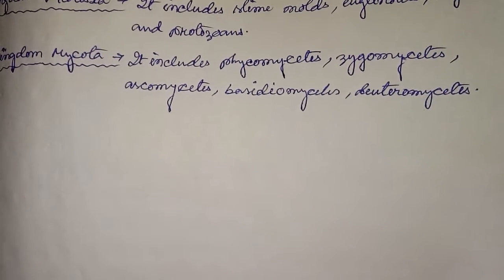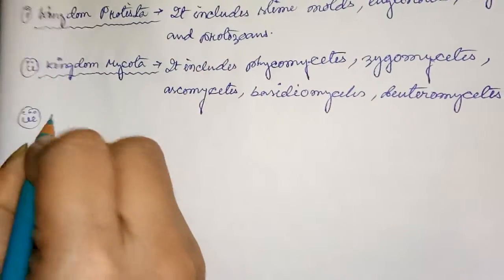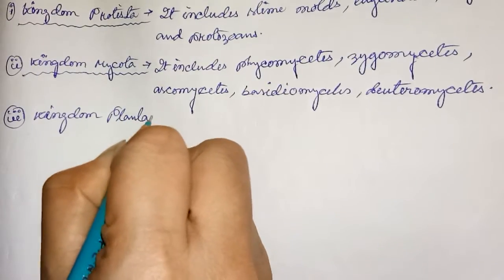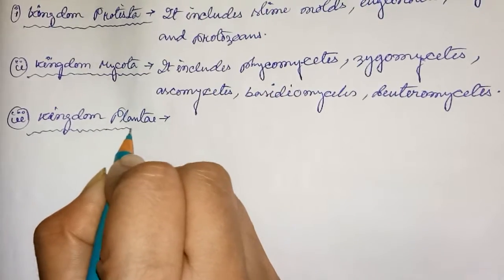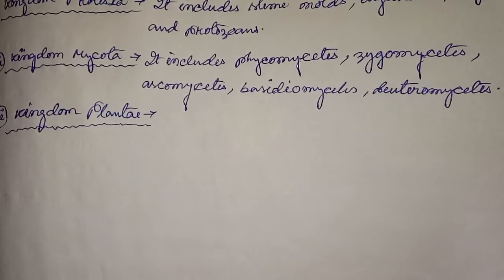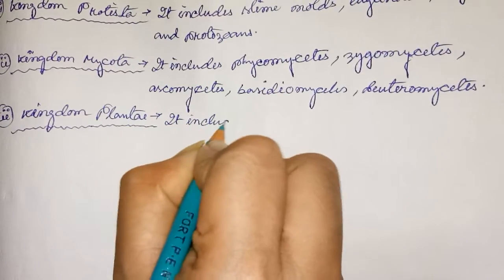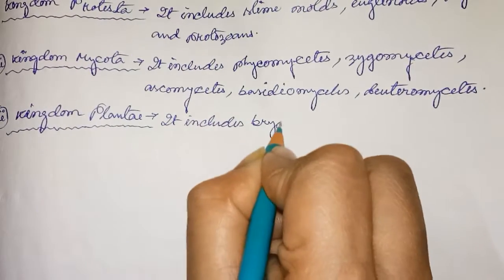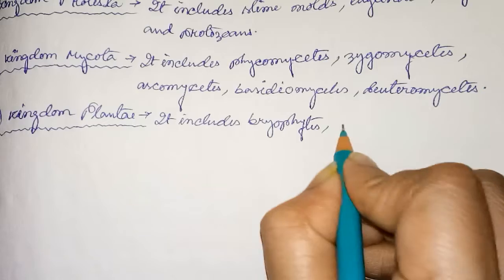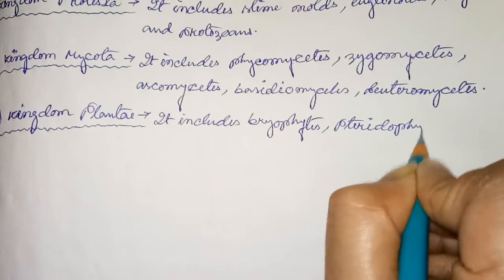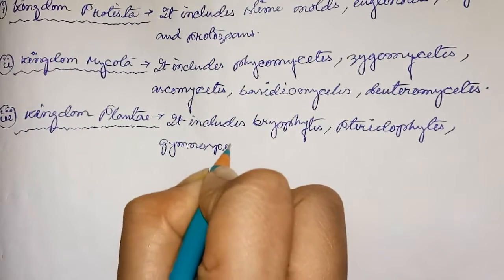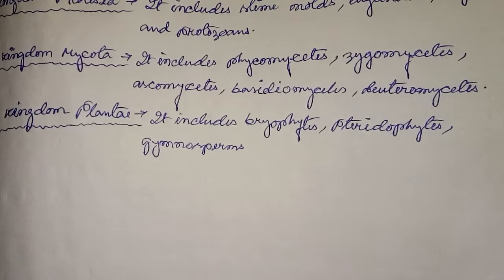Now next is kingdom Plantae. It includes bryophytes, pteridophytes, gymnosperms and angiosperms.